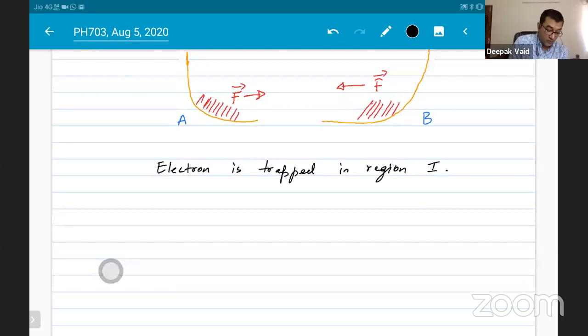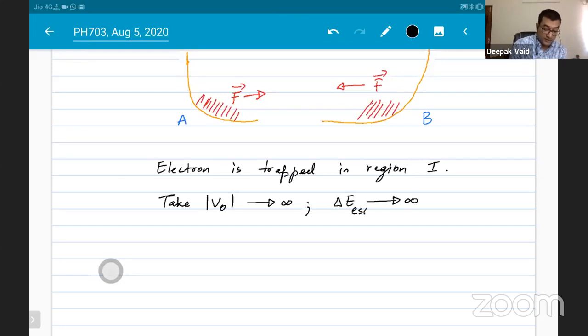Now what I can do is take my potential V naught and increase it. So the absolute value of V naught, I take that to infinity, let's say, just hypothetically speaking. As you take it to infinity, what happens? The amount of energy required for the electron to escape the box also goes to infinity.